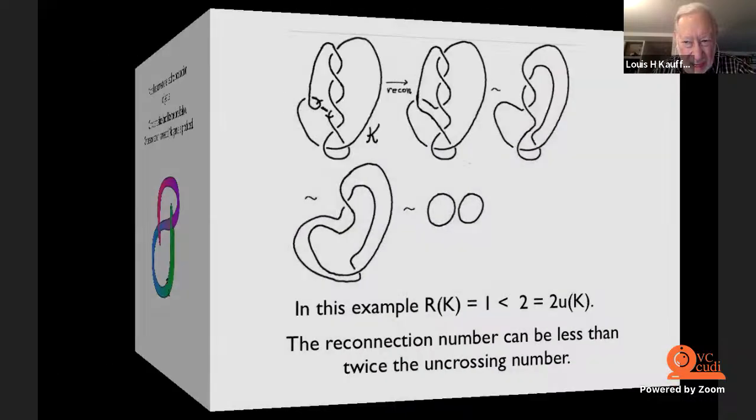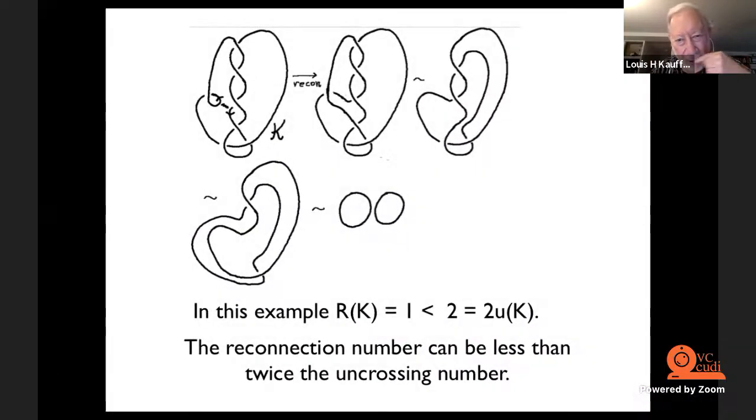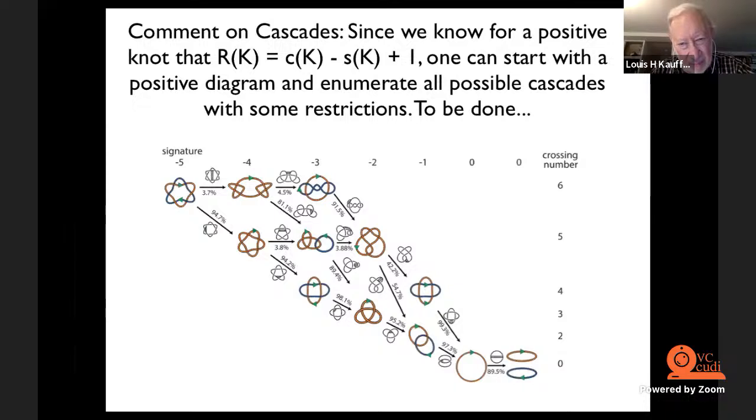I won't bother you with this slide, or this one, but people have studied cascades of reconnections, and you can take these cascades that have been studied, if they started with positive knots like a torus knot, and compare how things worked in terms of least numbers.